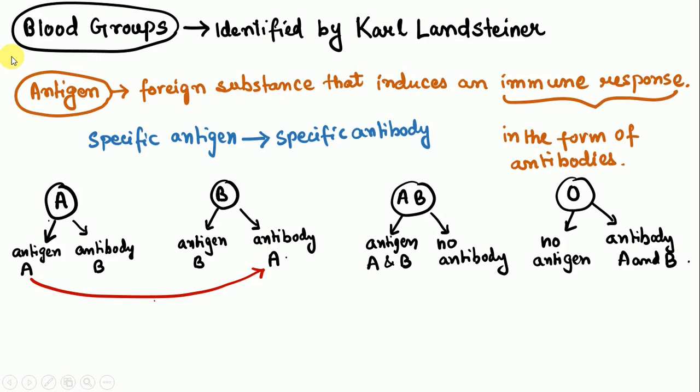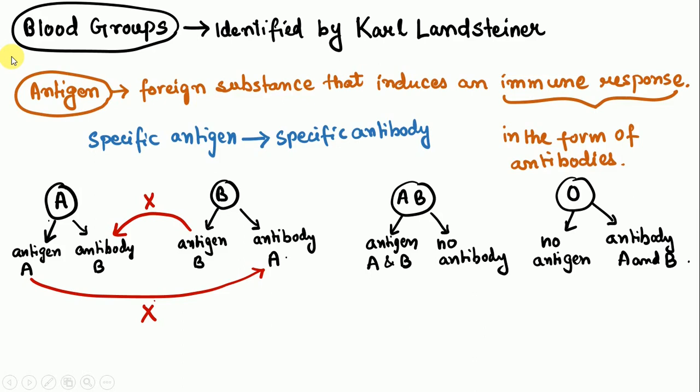So that is why it is not possible. In the same way, if a person having blood group B donates to blood group A, then again antigen B will react with antibody A, and again it is not possible. So a person having blood group A or B can only receive blood from A if they have A, or from B if they have B.